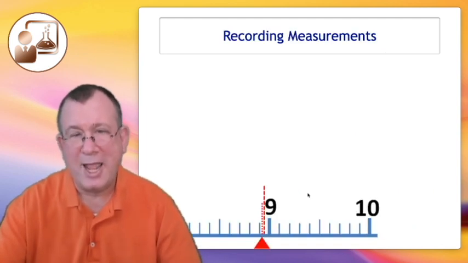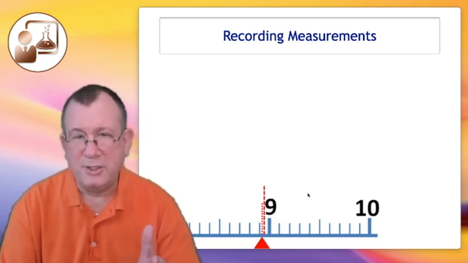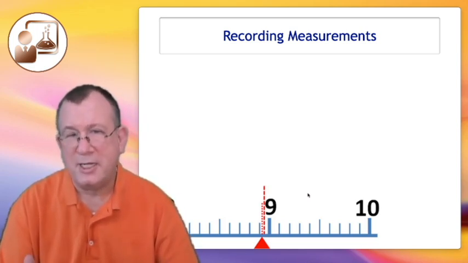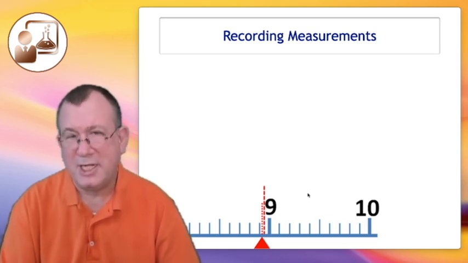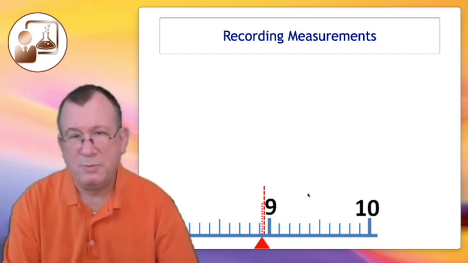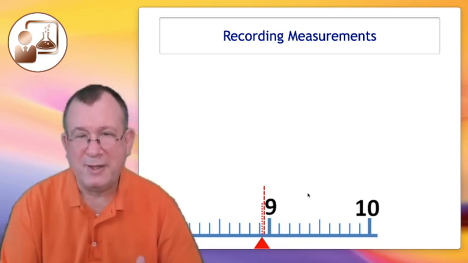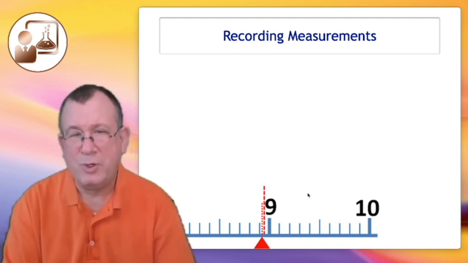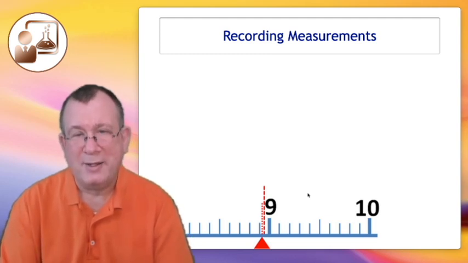Now, when you're working on an analog measurement, if you see something like this, I don't know if that's a scale telling me a weight in grams, or a ruler telling me a length in inches, or a graduated cylinder telling me a volume. But I can see that that red triangle is somewhere between, it looks like, 8.9 and 9. It doesn't quite reach to the halfway mark.